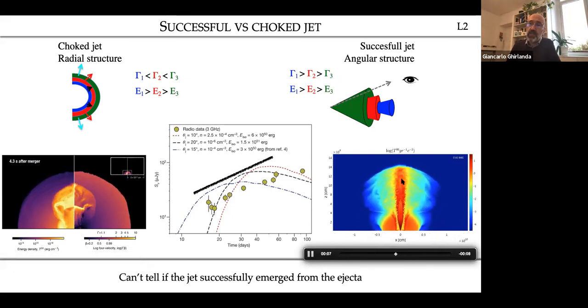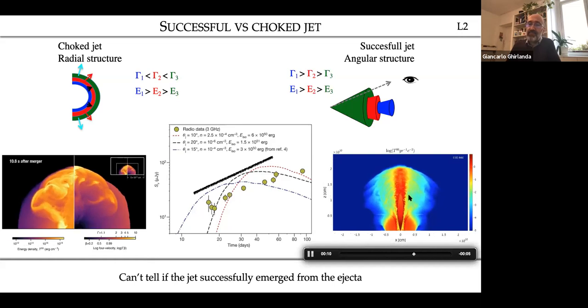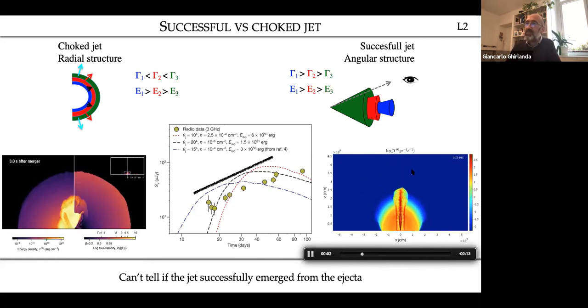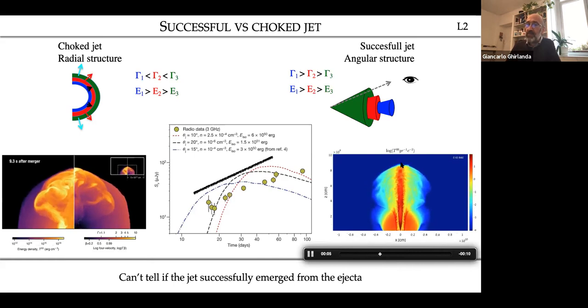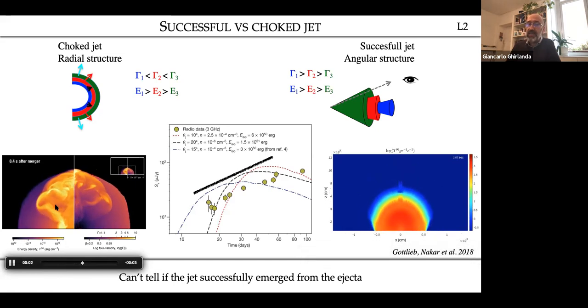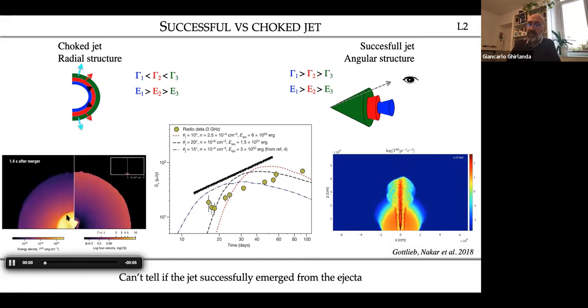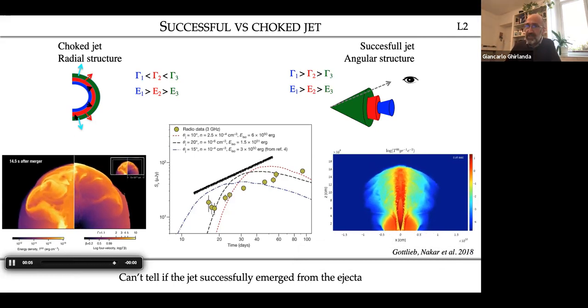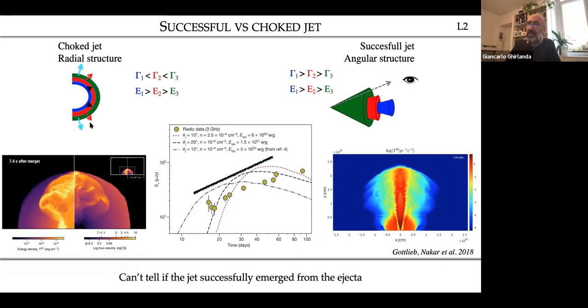In the case of a successful jet, I would say, you can still treat the problem with a narrow, fast and very energetic core and some tails. In the case of a cocoon, you have a very complex stratification, for instance, in the energy and velocity in the radial direction, which here I propose as a very simplified picture.